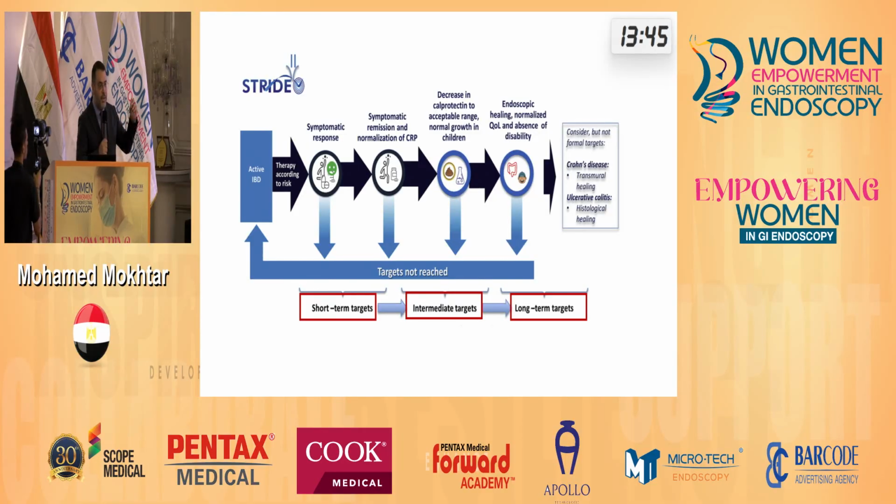If you don't reach this target, you will change the plan. So endoscopic scoring is very important during the management plan of an IBD patient, and you may change the whole course of management according to the endoscopic findings.